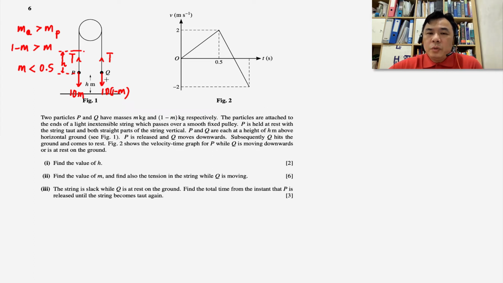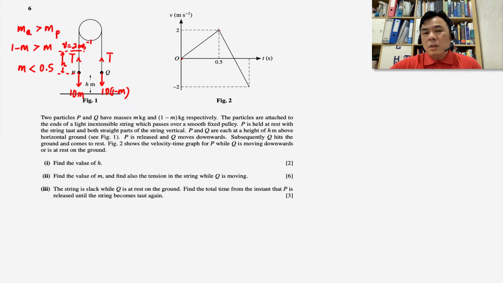So when Q moved down h, P would have moved h meter up. Now, this is depicted in the graph itself. When it moved h meter up, the speed of P at this point is equal to 2 meter per second. That is what is shown here. You can see that it has reached the maximum speed.